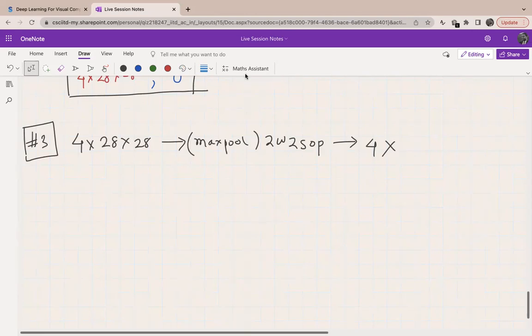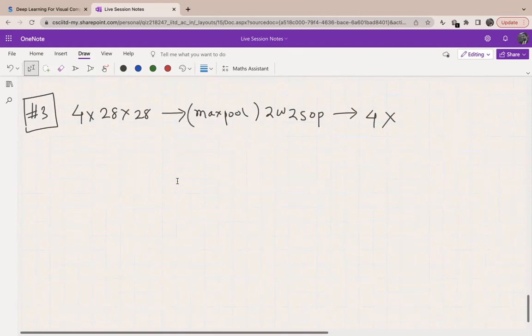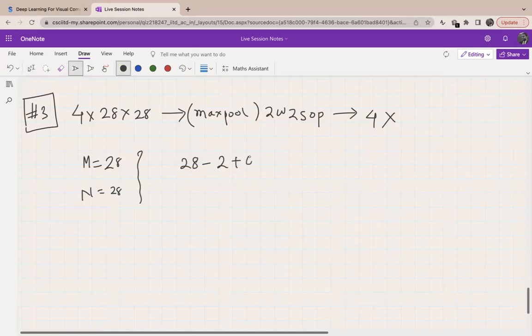Since it is max pool, we'll calculate it like this. The calculation will be similar, because here it is 4 cross 28 cross 28. So let's just consider m as 28 and n as also 28. Irrespective of the number of channels, the formula stays the same. Let me rewrite the formula.